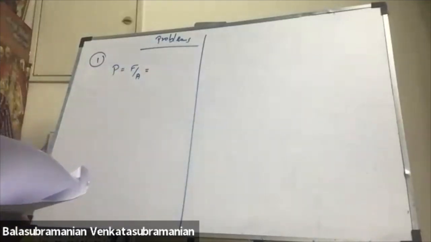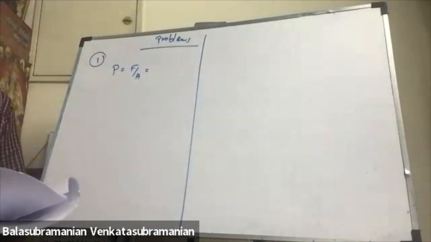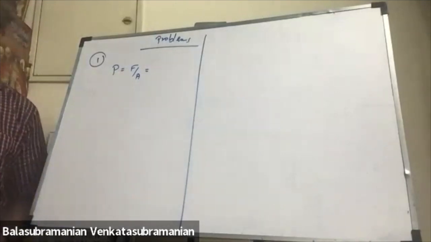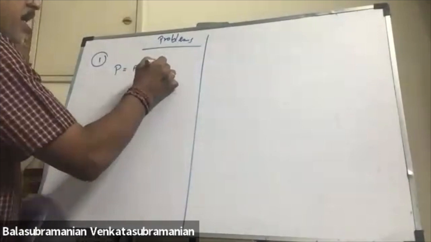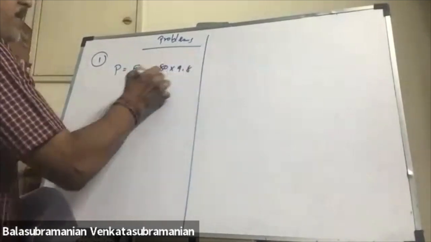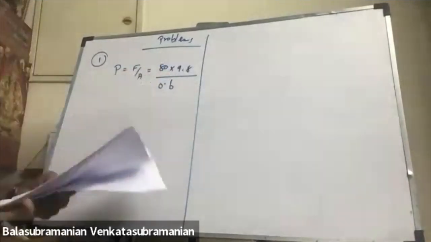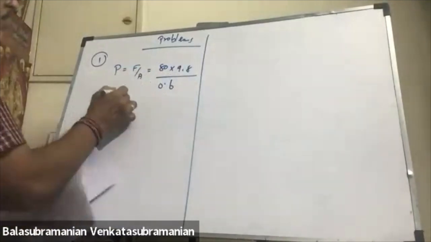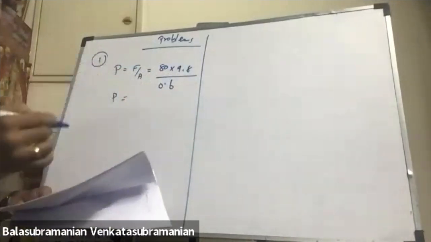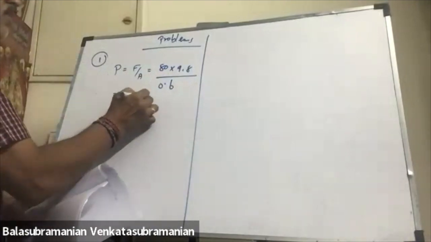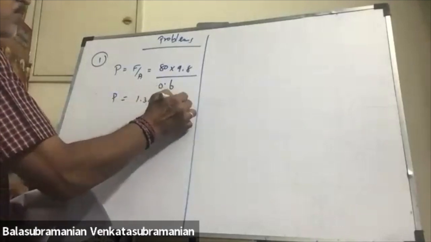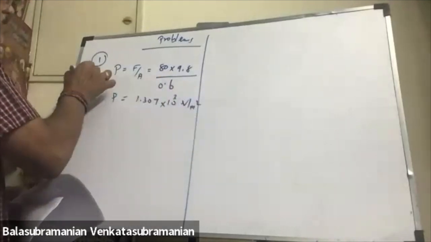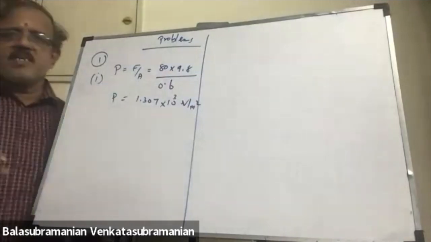Weight is 80 kilogram. Given area 0.6 meter square. So 80 into 9.8 by 0.6 meter square. When you simplify, the pressure will be 1.307 into 10 power 3 Newton per meter square. That is when the person is lying.